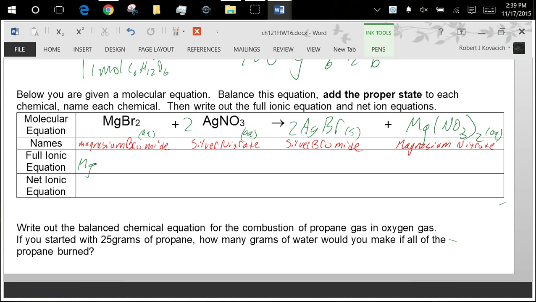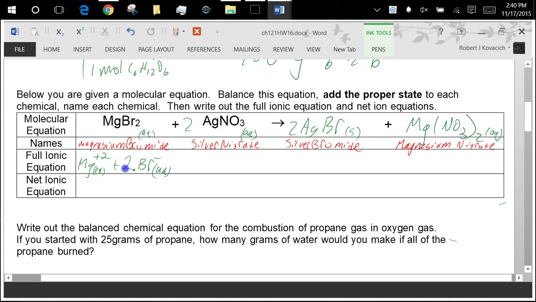Mg plus Br minus. Oh, it's a +2, right? It's magnesium. Mg +2, aqueous, plus Br negative, aqueous. Yeah. 2. Plus. We okay with where I put that 2? Yeah.